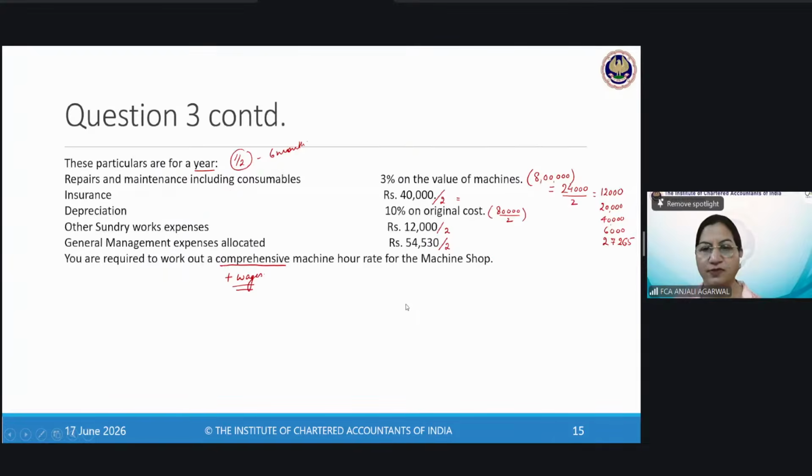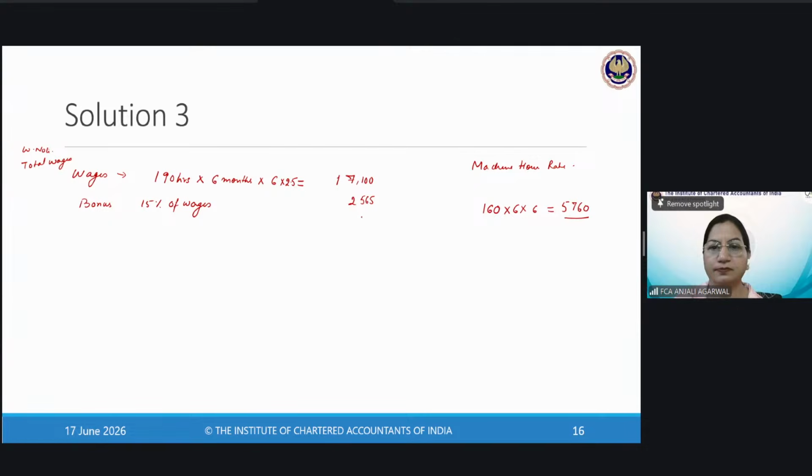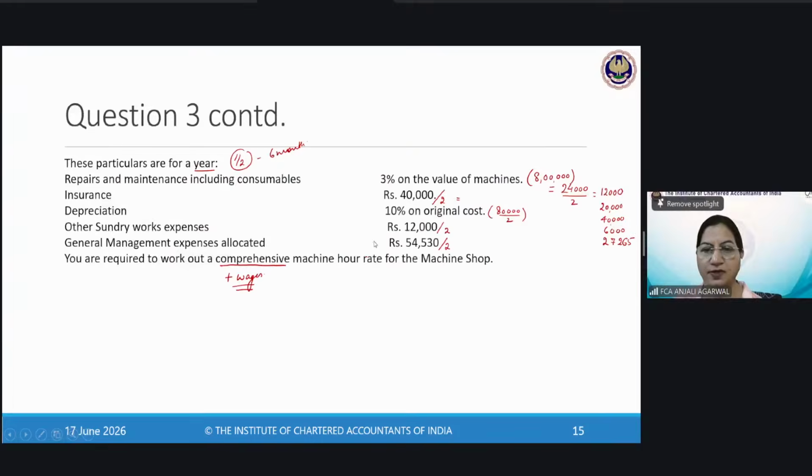Forward, 8,050. Supervision and indirect labor, 3,300. And electricity was 1,200.